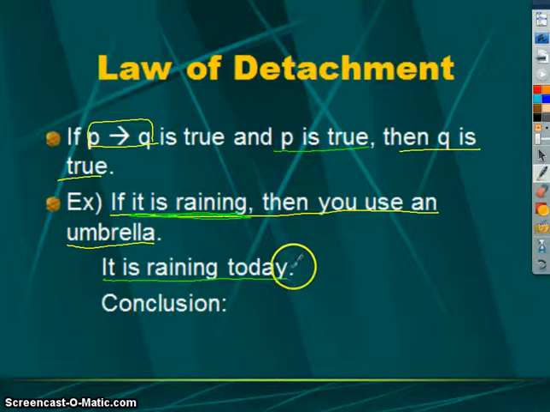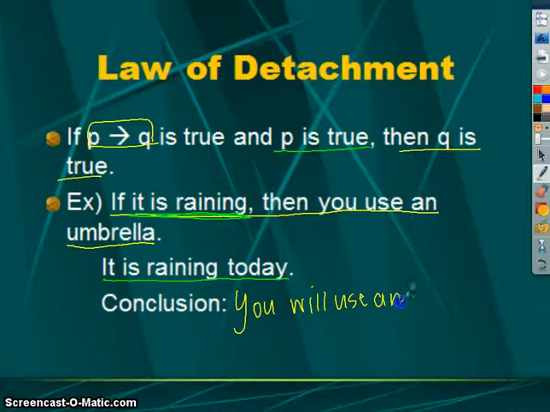Then it says it's raining today. So the conclusion, you will use an umbrella. Okay, and again, that follows this Q part. All right, so the P part, the Q part. So that's the law of detachment.